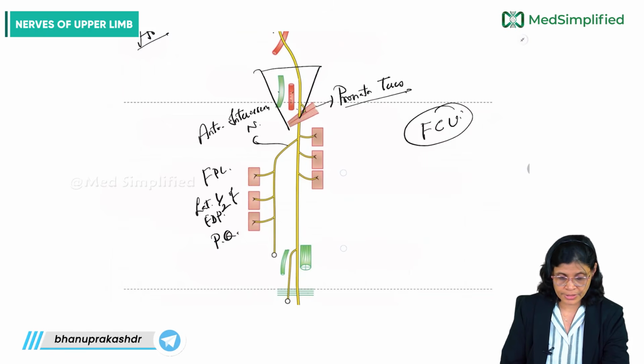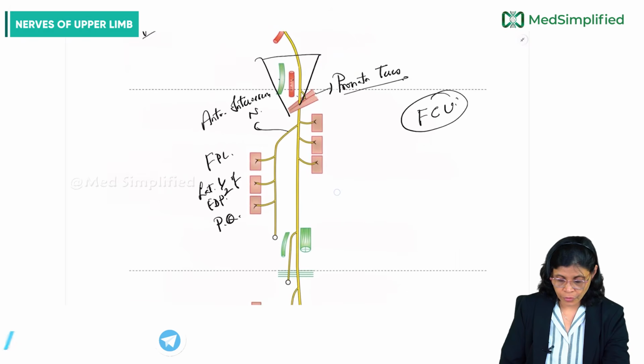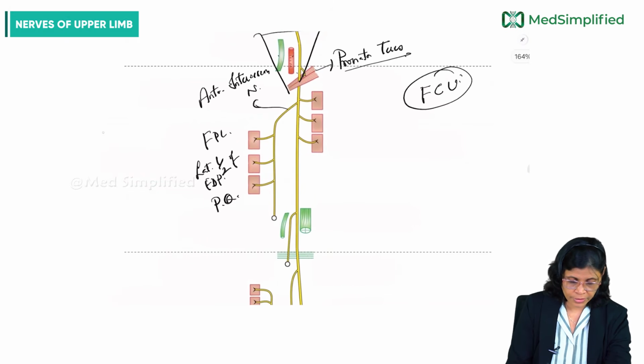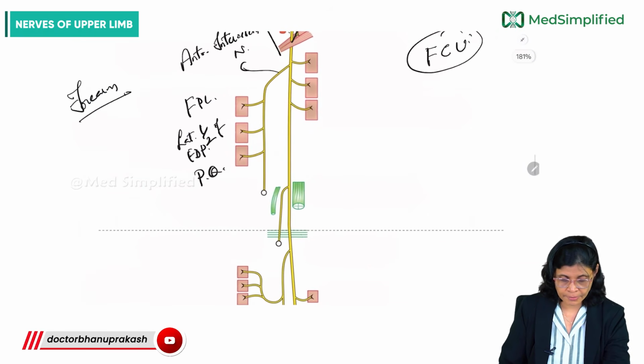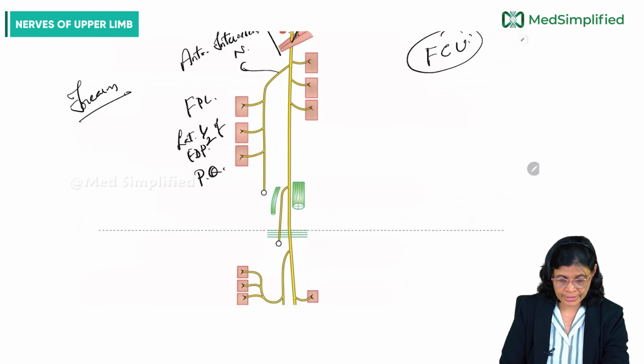Then in the forearm, the median nerve will pass downwards behind the tendinous arch, that is a bridge between the two heads of the flexor digitorum superficialis, and runs deeper to that muscle.